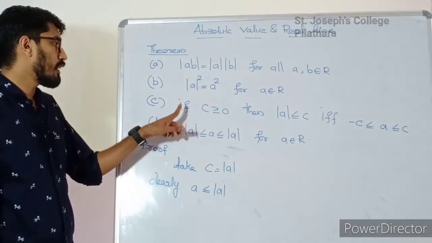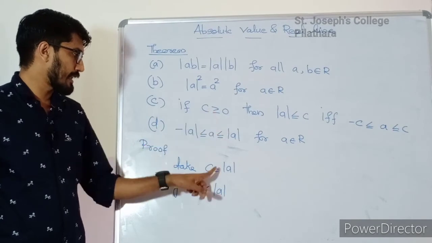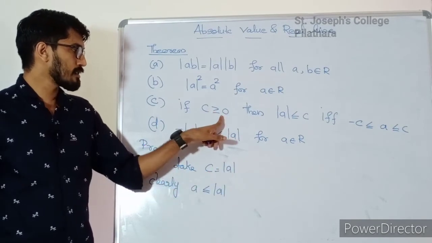We have a result: if C greater than 0, C greater than 0 means mod A greater than 0.